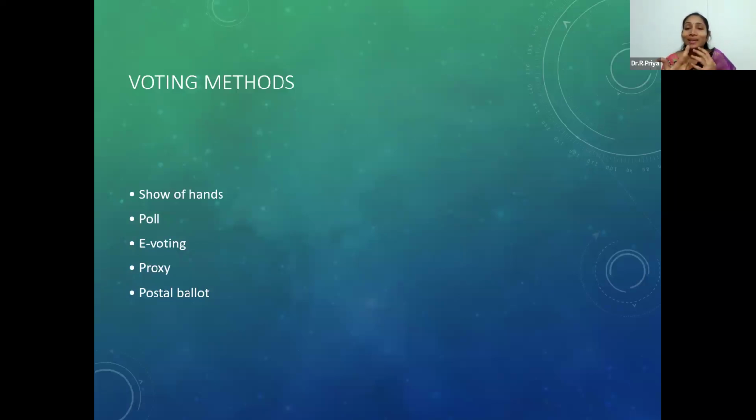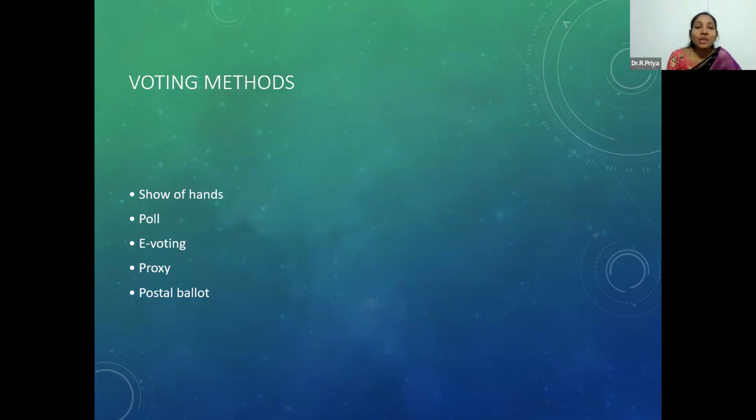So the original position does not come out transparently, and hiding is possible. That is the limitation of this method.